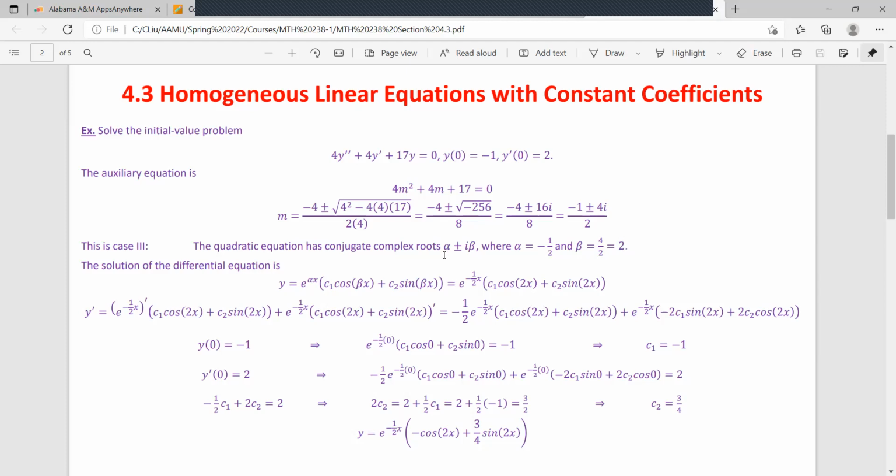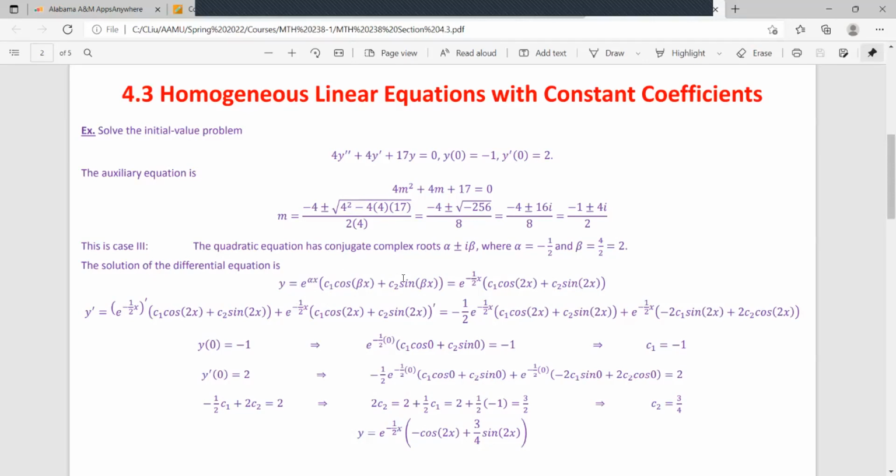So then we can write the solution of the differential equation as well. y equals e to the alpha x times c1 cosine beta x plus c2 sine beta x. That's the form we used in the case of complex roots for m.